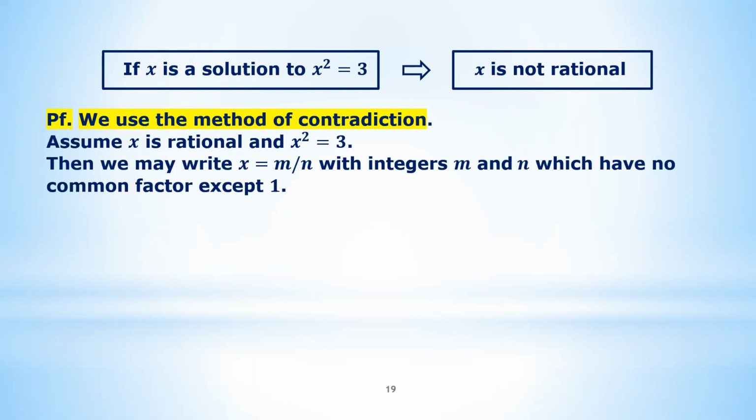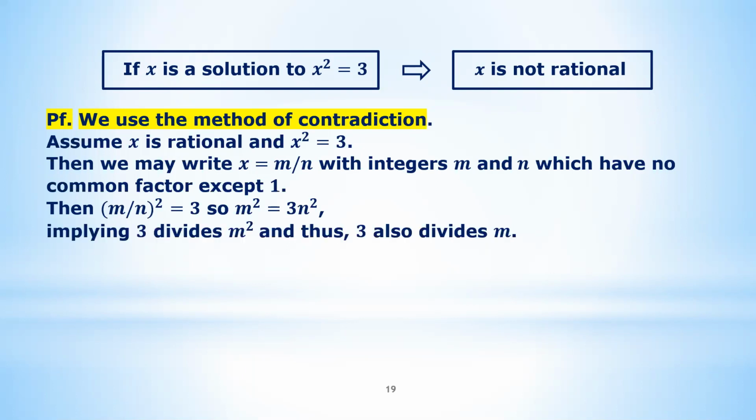Now how to do this? Well, the natural next step is to plug m over n into the equation. So you get this. And then you can see that I can move the denominator to the right side. So you get m squared equals 3n squared, right? Now you have 3 appear. They're all integers. So this means that 3 divides m squared.